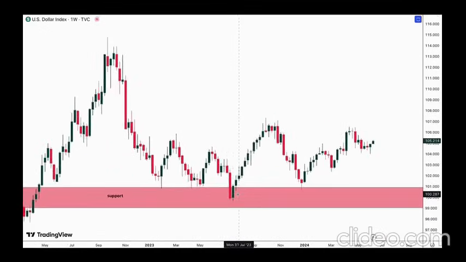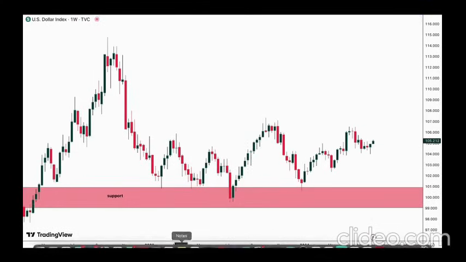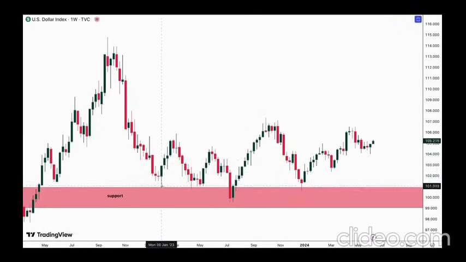Okay, sorry guys, I mean on the weekly time frame, let me show you the left trend of this pair in this time frame.